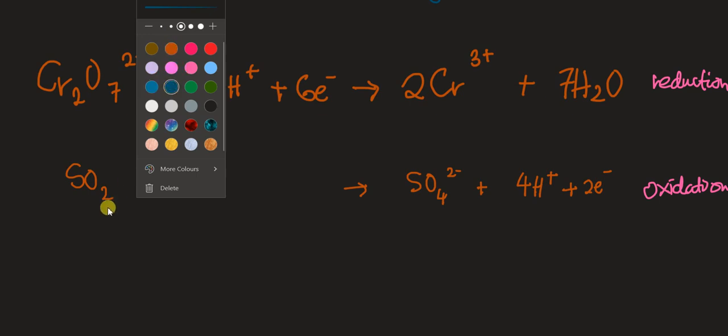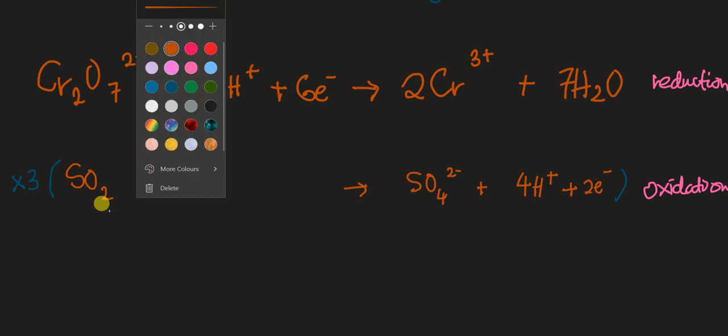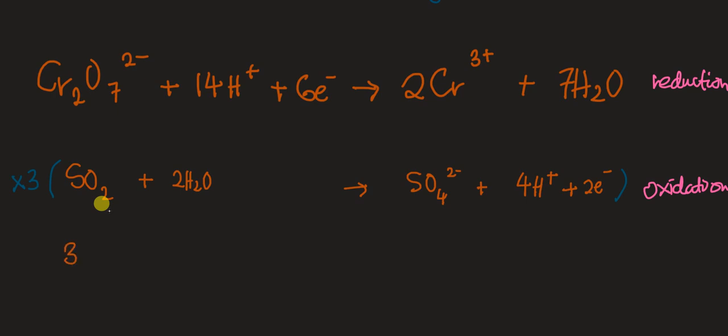We multiply this whole thing by 3. And this will produce 3SO2 plus 6H2O, and this will produce 3SO4 2- plus 3 times 4, 12 protons, plus 6 electrons.